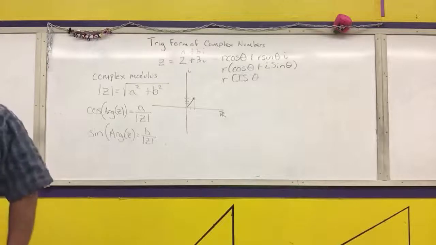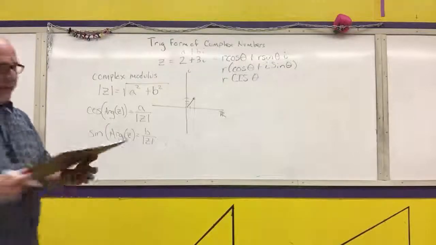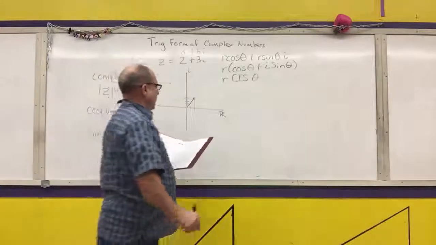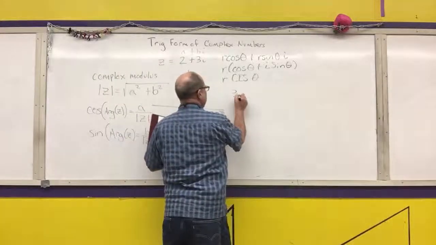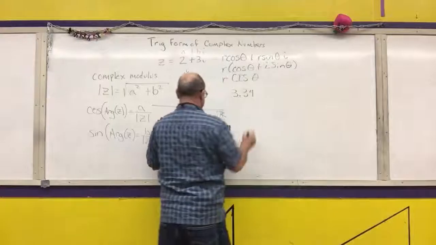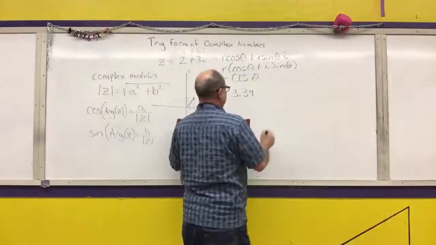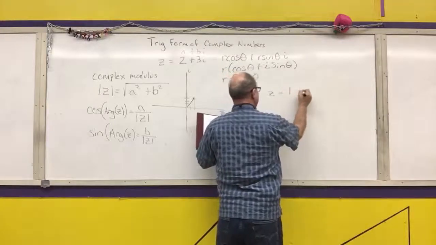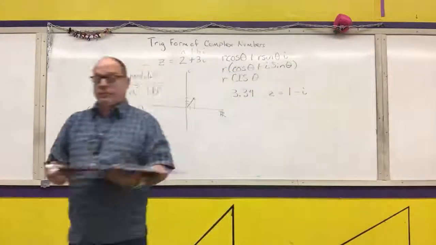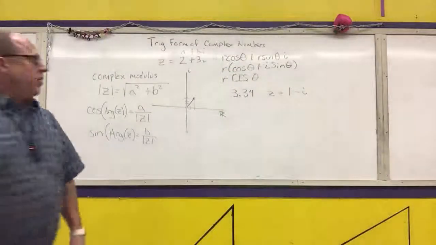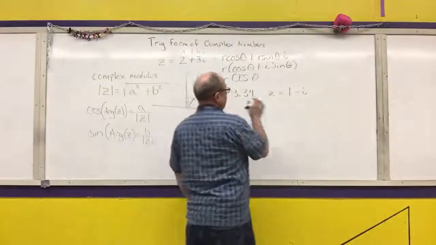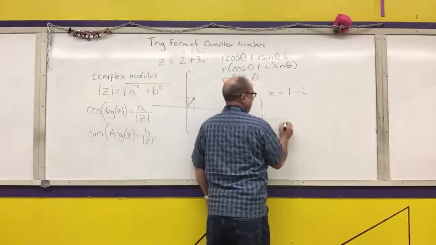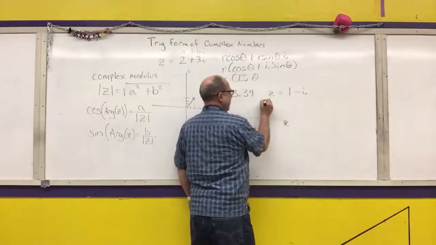Okay. So first thing I'm going to do is do the examples that are in your book. The first example I'm going to do is example 334. They want us to find the trigonometric form where z is equal to 1 minus i. So I'm going to draw it on an Argand diagram where this is the real component and this is the imaginary.